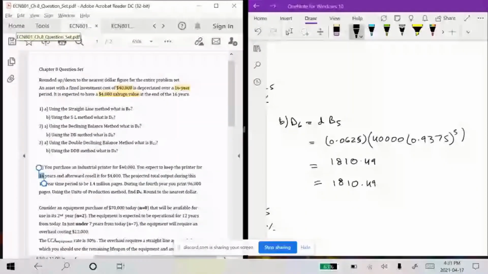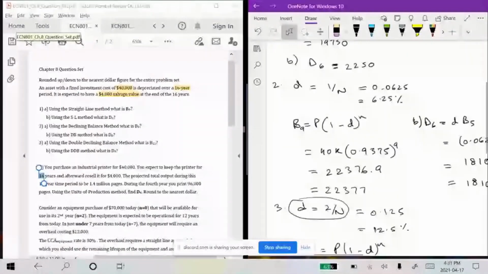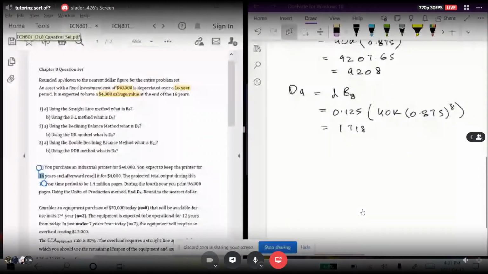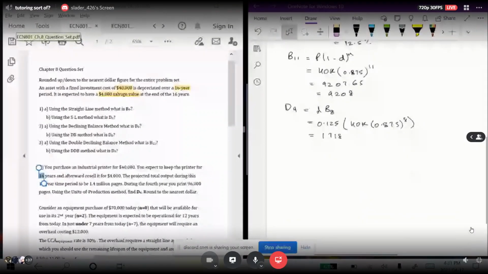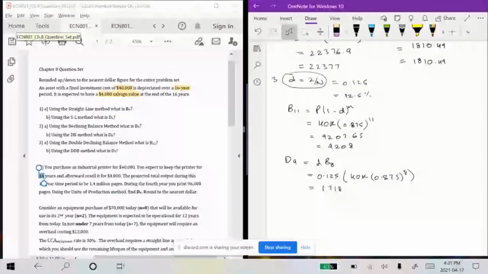Do you guys have any other doubt in this? So for the declining balance methods, the next B is just the previous B times D. The next D is the rate, the small d, times the previous book value, because the book value has a specific formula.